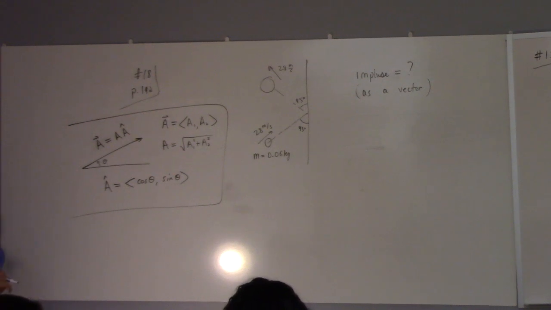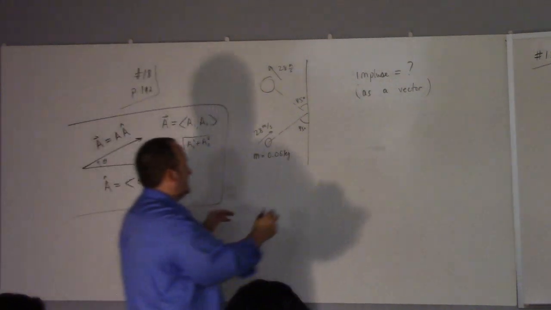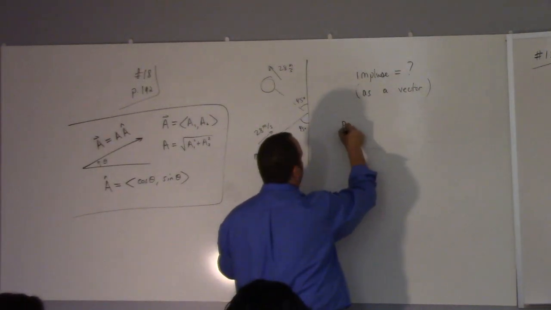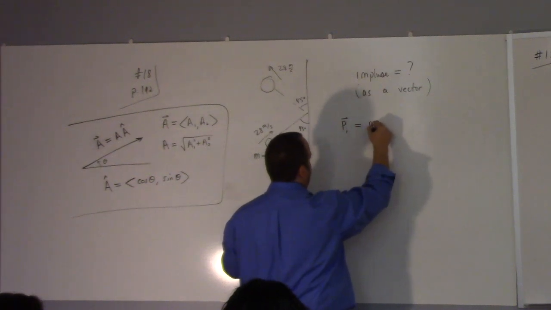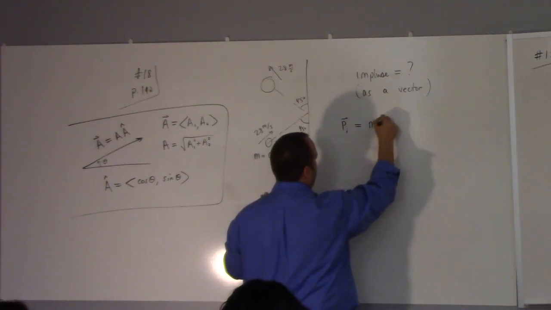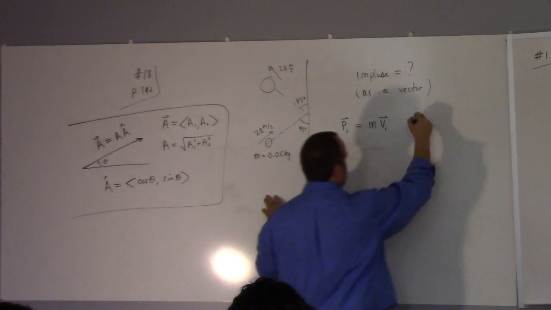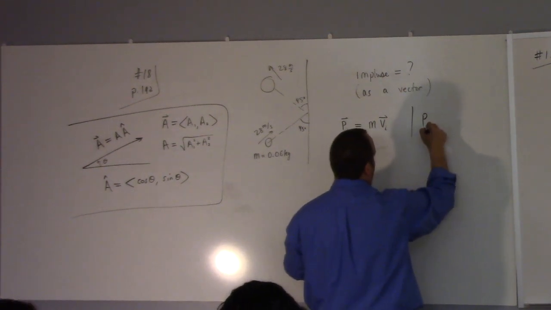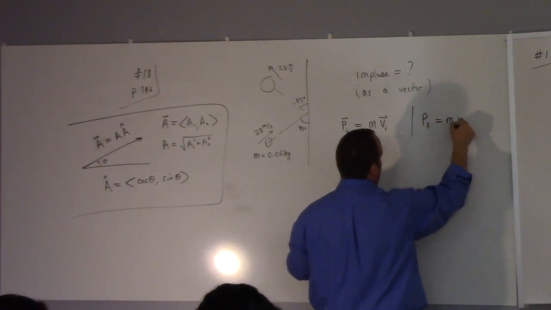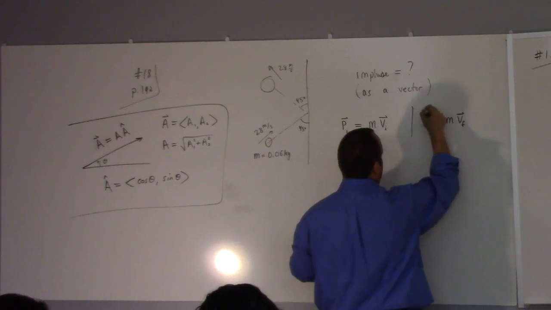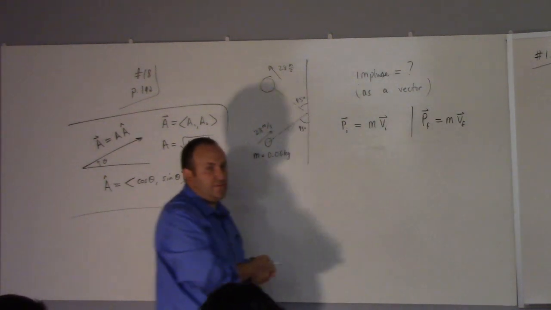So we need to think about momentum as a vector in this problem, right? What's the initial momentum? It's the mass times the initial velocity, yeah? What's the final momentum? It's the mass times the final velocity. Can we write down the velocity vectors before and after?